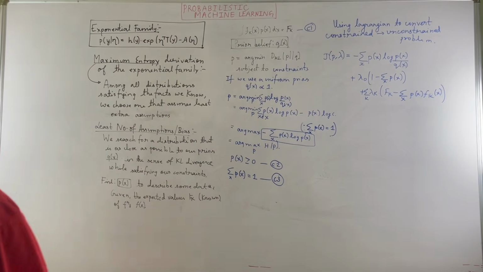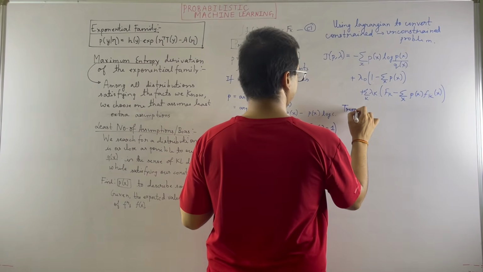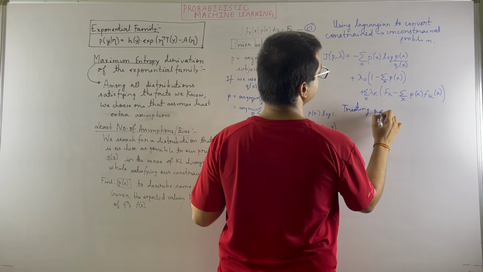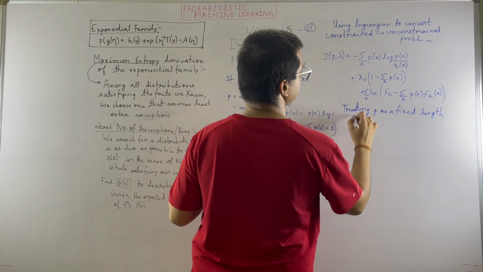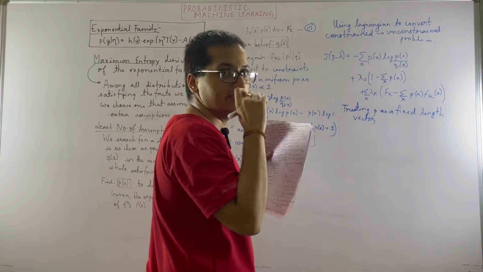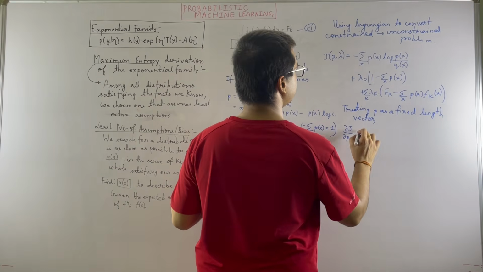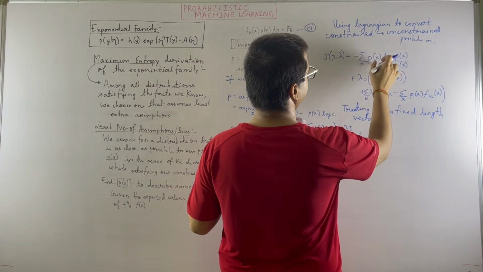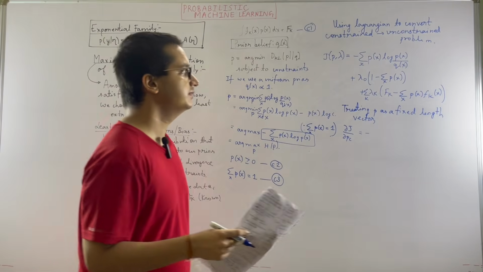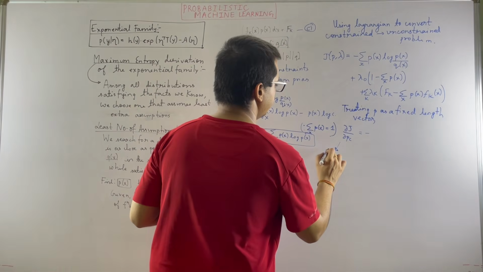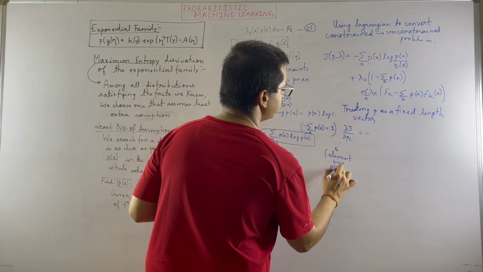All right, so when we take the derivatives, treating p as a fixed length vector, if I take the partial derivatives, dJ by dp_c is equal to, so I take the derivative of these terms. So first I take the derivative of this, what do I get? I am taking derivatives element wise. p_c means p(x equal to c).